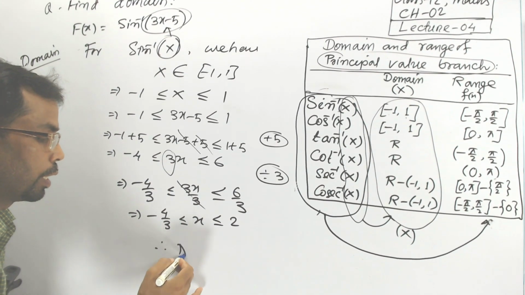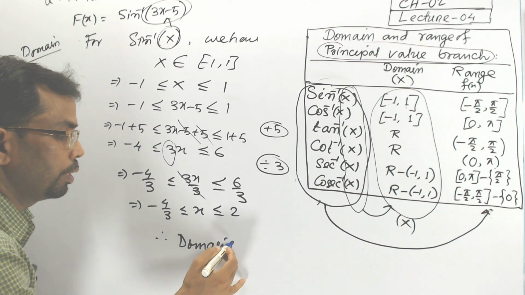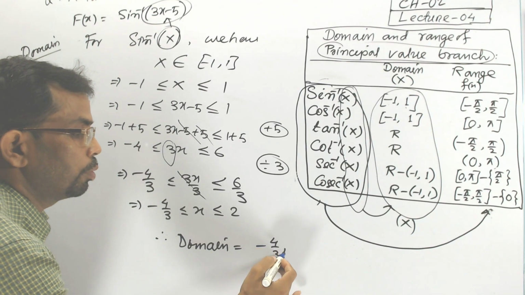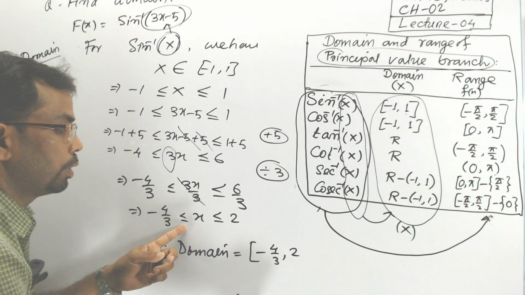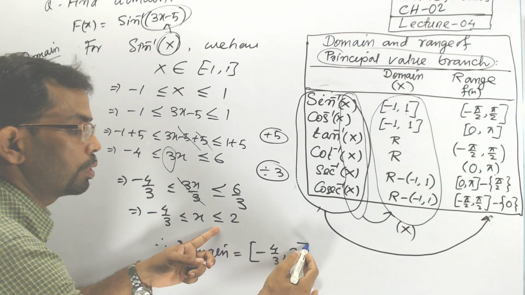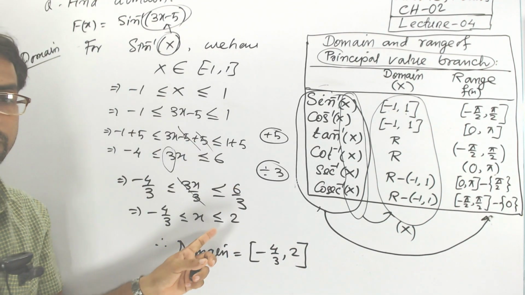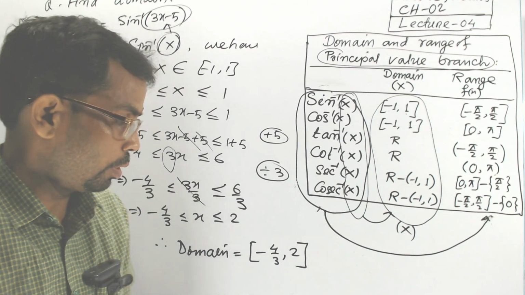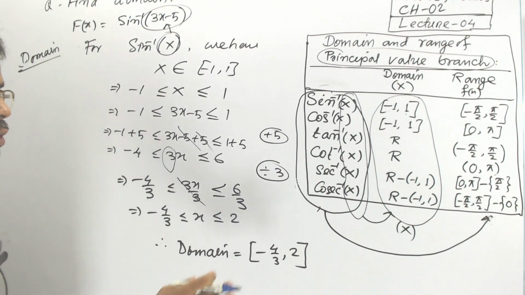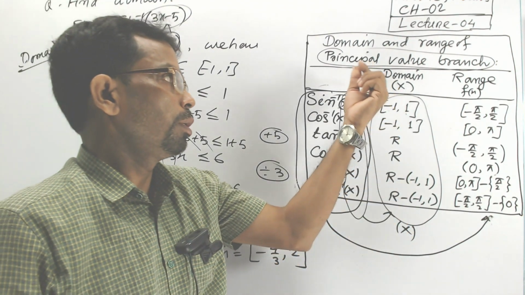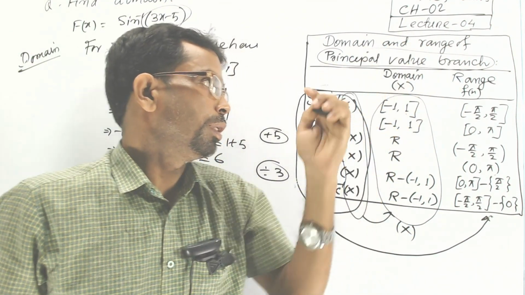So I can write: domain is equal to minus 4 by 3 to 2, closed interval, since the equal sign is there, closed interval here also. This is the complete solution. It is so simple to find the domain and range if we just know this inverse trigonometric table, which is the principal value branch of inverse trigo.